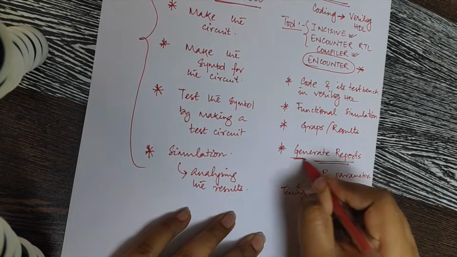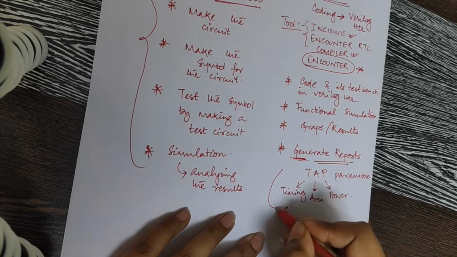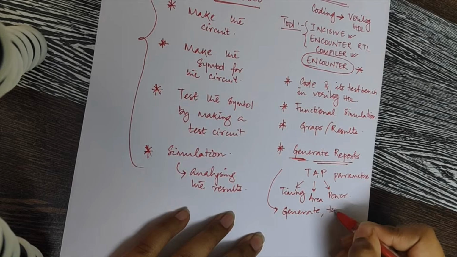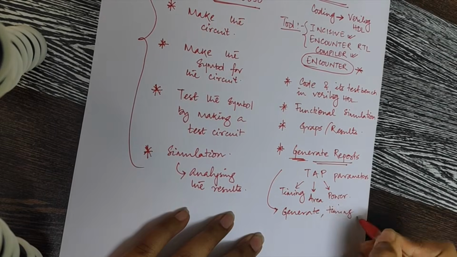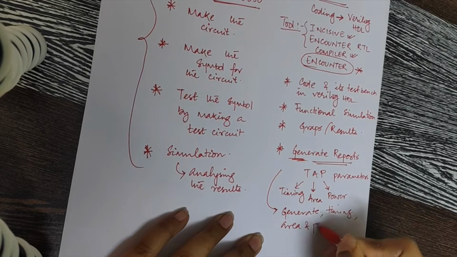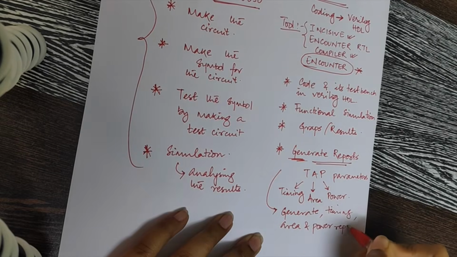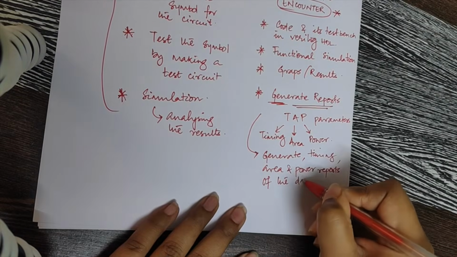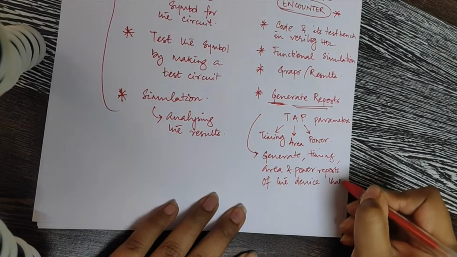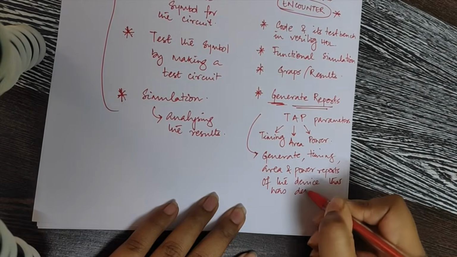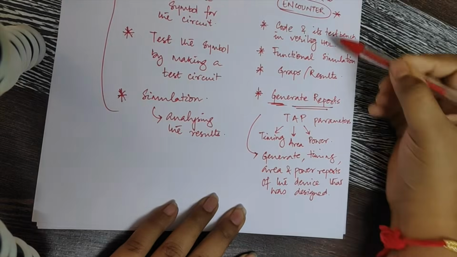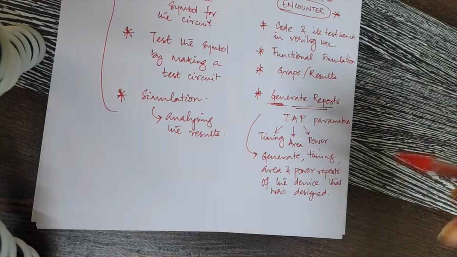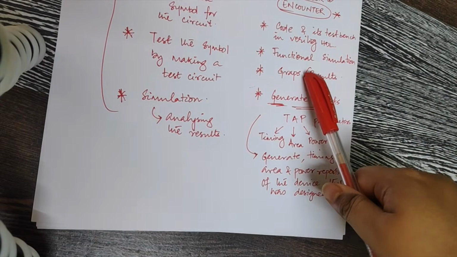So in this stage, we are going to generate timing, area, and power reports of the device that was designed. That means I have already designed a device.